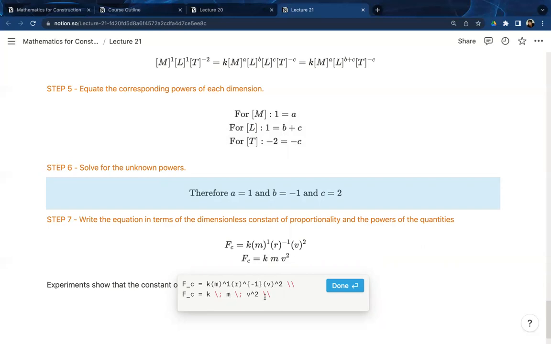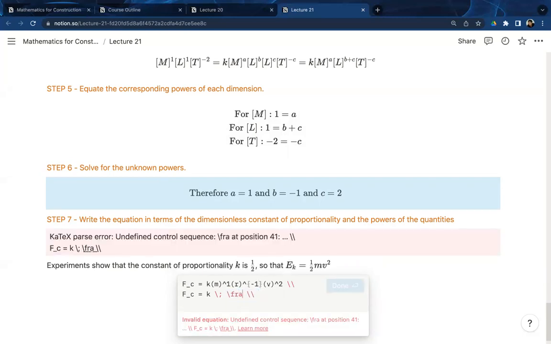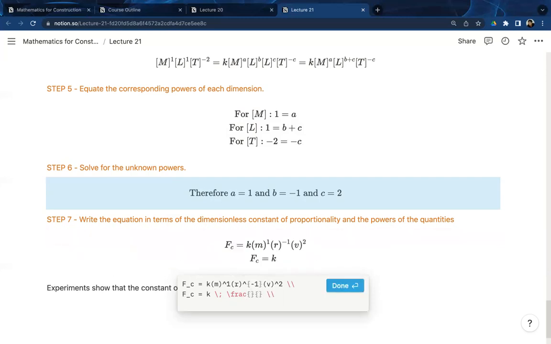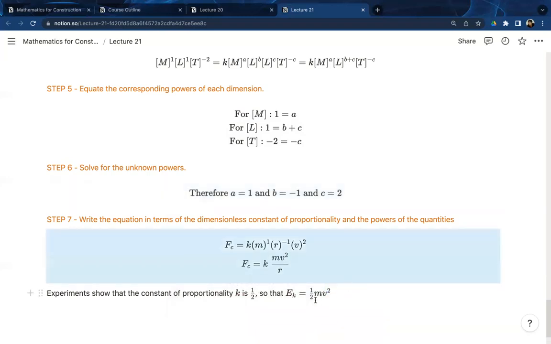I could write this as some constant, we'll use a fraction, something like that, mv squared over r, right?